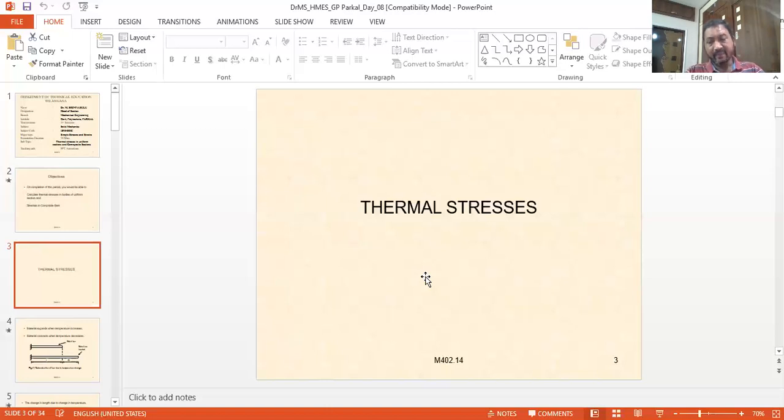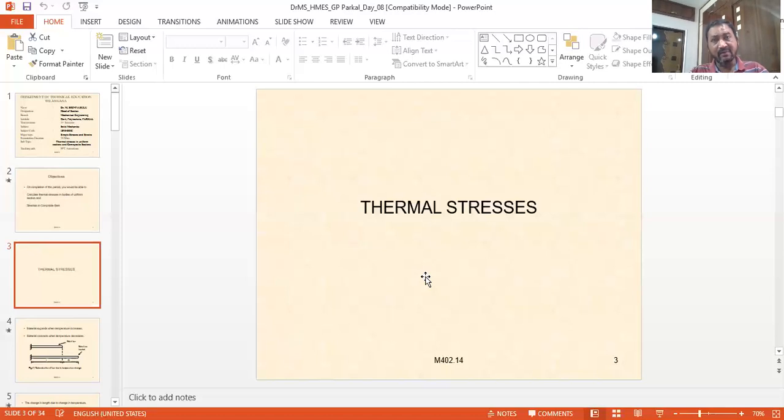And similarly, if a body is subjected to a decrease in temperature, the body will contract, but when that free contraction is avoided, then what happens? The body is fixed between the two supports.